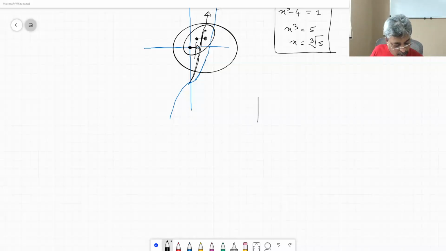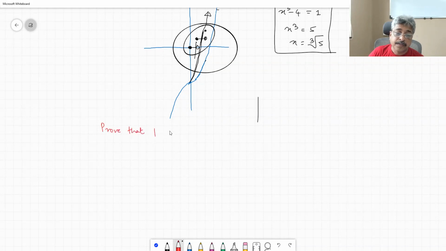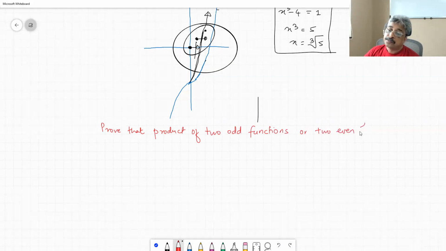Prove that the product of two odd functions or two even functions is an even function.